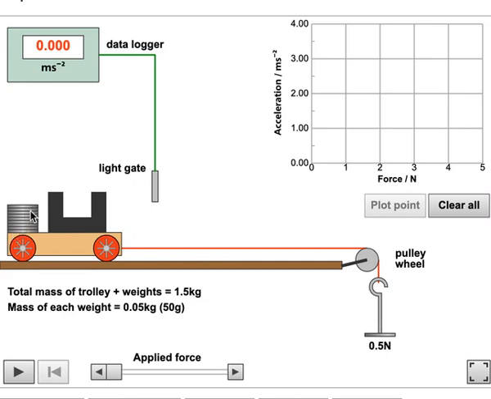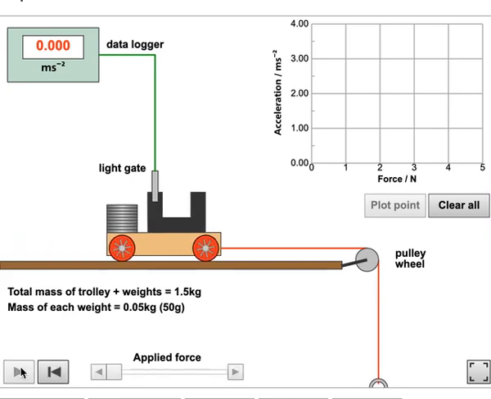So what we're going to do is we're going to put all our masses onto the trolley, and these masses are going to be hung on this stack here, and they're going to be the applied weight, the applied force. So this is going to be the force that we're going to be applying, but the mass is going to be constant. So I'm going to apply force, and then we're going to see it accelerate through, and then you would carry on doing this experiment. So let's do the first one.